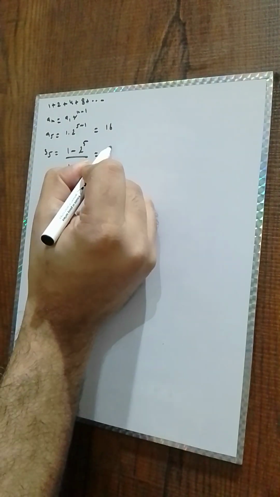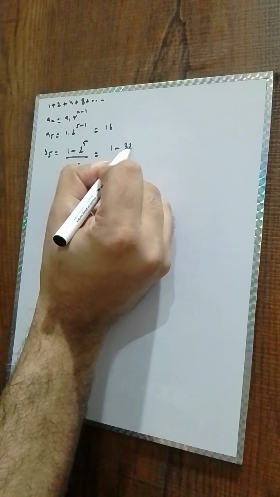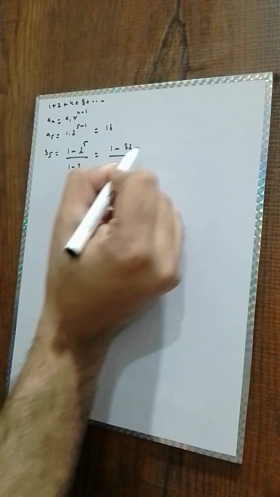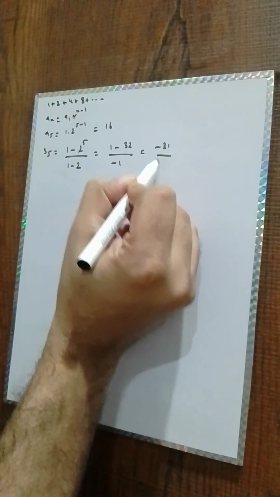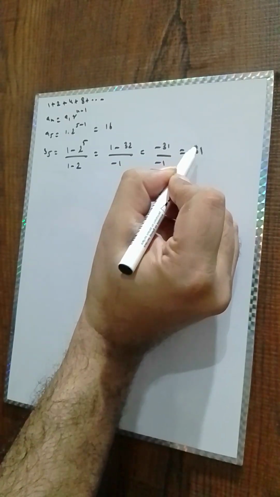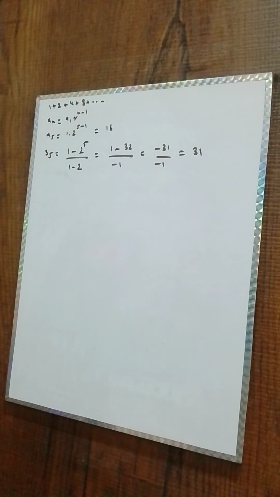So this gives 1 minus 32 by minus 1. This is minus 31 by minus 1, or 31. The sum up to 5 terms is 31.